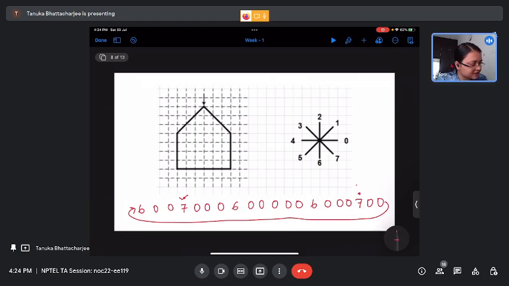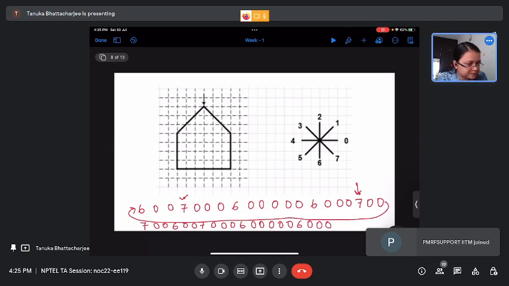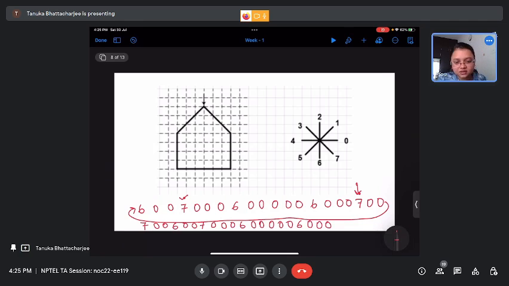So if we start at this point, this will give us the largest number, and that largest number will be 7 0 0 6 0 0 7 0 0 0 6 0 0 0 6 0 0 0. This is the largest number out of this cyclic code.